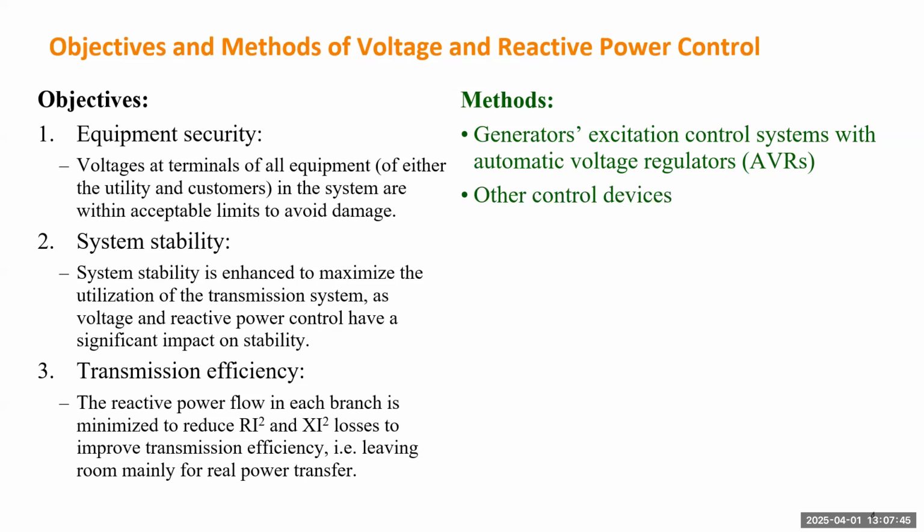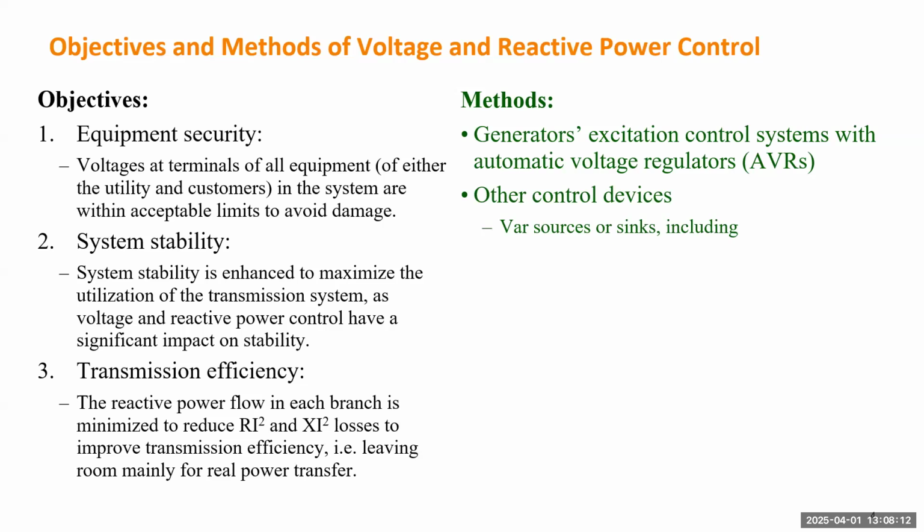Because you cannot deliver reactive power over long distances, you also need to put some local control devices near the load, where the equipment is far from any generation. So you need to utilize a local controller to maintain the voltages. Such controllers include VAR sources or sinks. Sources means they can provide additional VAR to increase voltage.